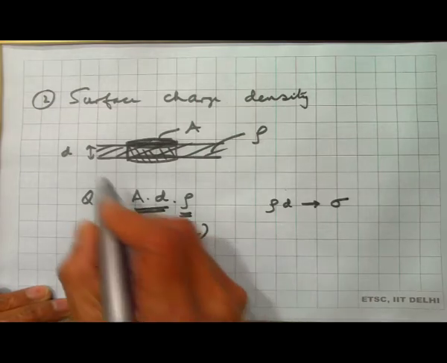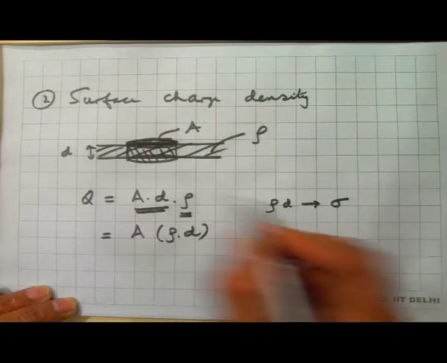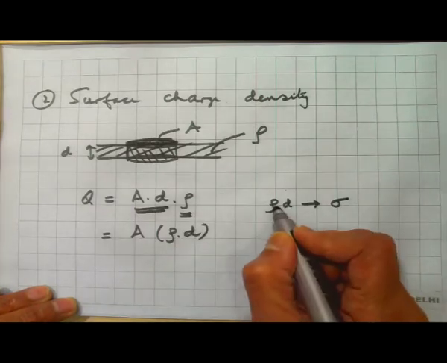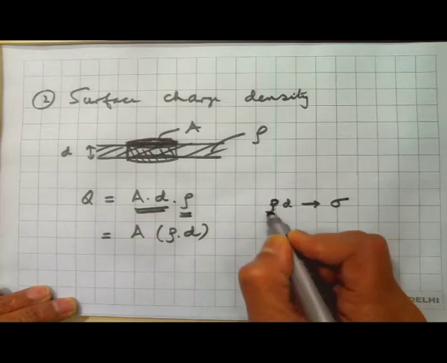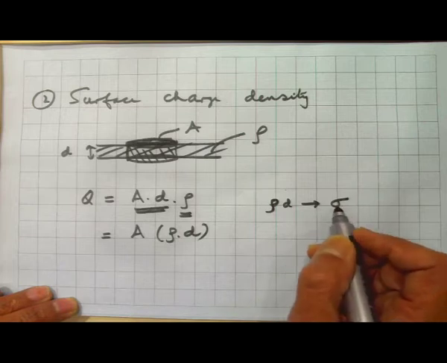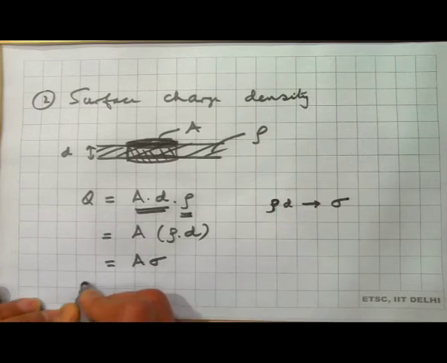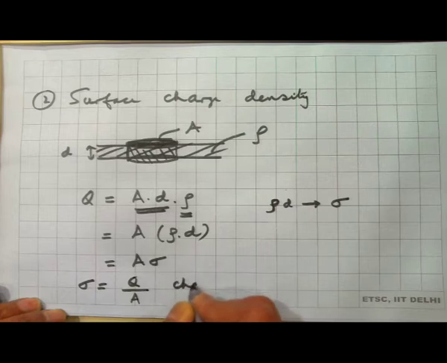So, in the limit of thickness d going to 0, I will just have a sheet having a certain charge. I am letting the thickness go to 0, simultaneously letting the charge density go to infinity, so that the product of charge density into thickness becomes a constant sigma, and so this becomes A times sigma. So, I will have sigma is equal to q by A, which is charge per unit area.